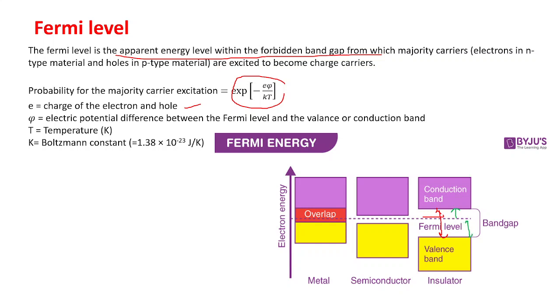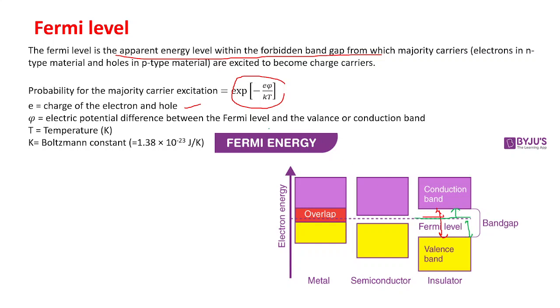Whenever we talk about the Fermi level and the probability of excitation of electrons or holes, the probability will be calculated with reference to the Fermi level itself. That's why we calculate the potential difference between the Fermi level and the conduction band, or between the Fermi level and the valence band.